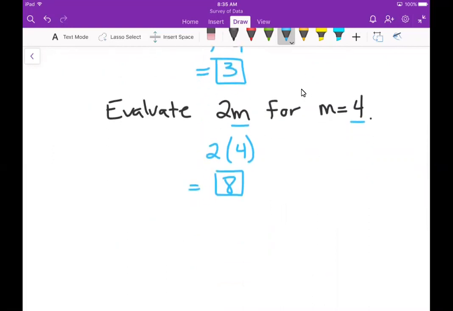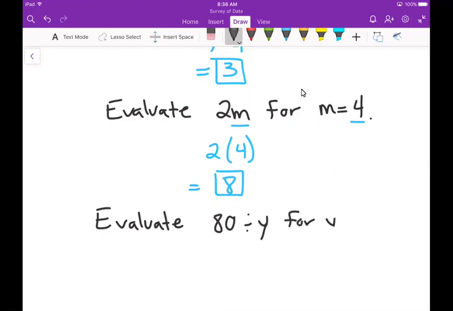All right, so we're just going to try a couple more here, looking at some different operations and some different ways that these things can look. So can you evaluate 80 divided by y for y equal to 2? Okay, so again, just take that 2 and plug it in for y.